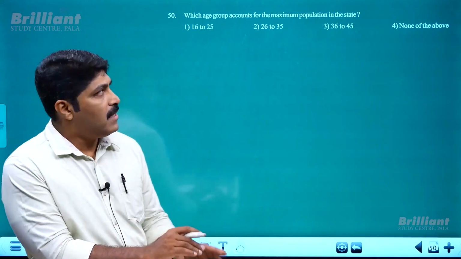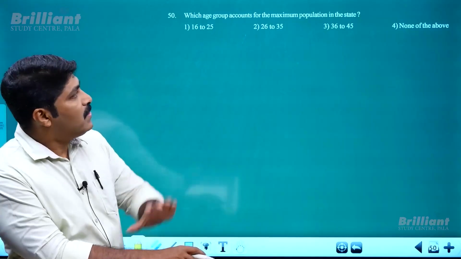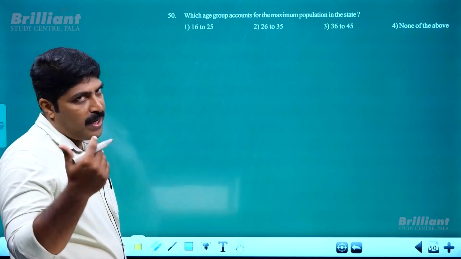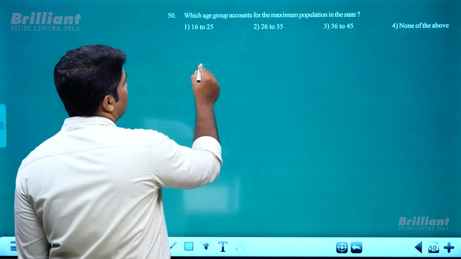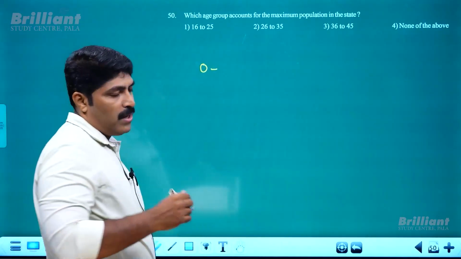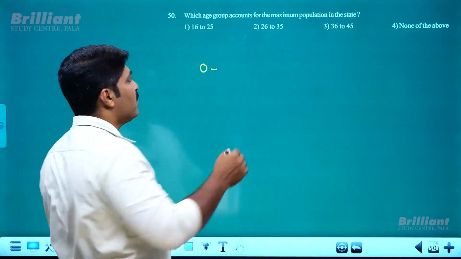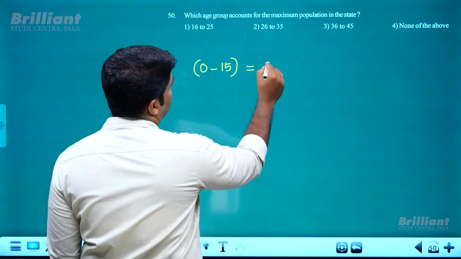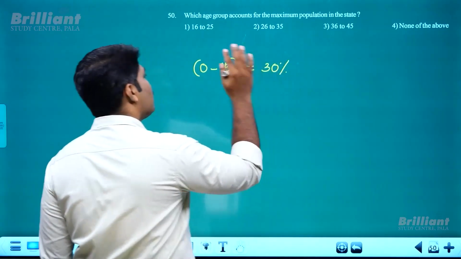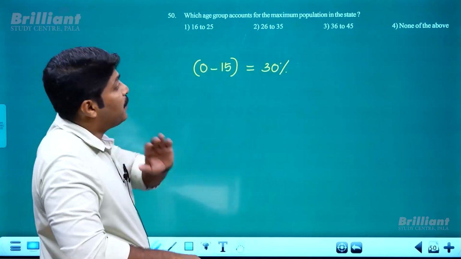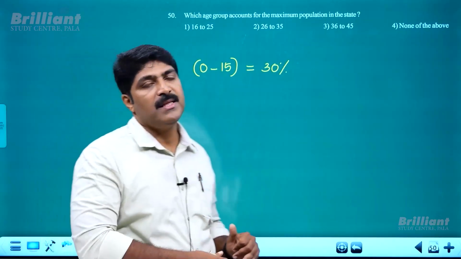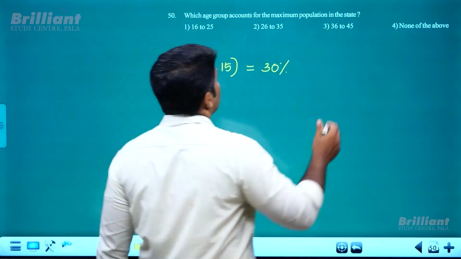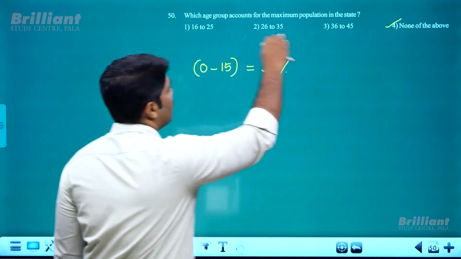Here the question asked is about the whole, that means while we are considering the total, in which age group is the maximum percentage? The basic statement contains that the 0 to 15 age group, that children's group, contains 30%. Rest all the percentage values are less than 30%. Sure? So, what will be our answer? That is none of these, because there is not any option like this.